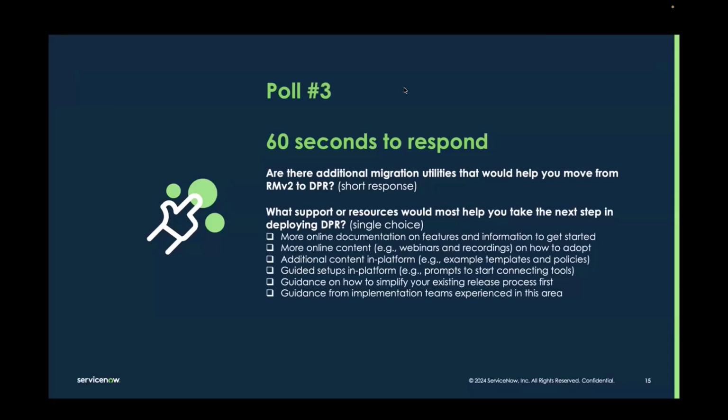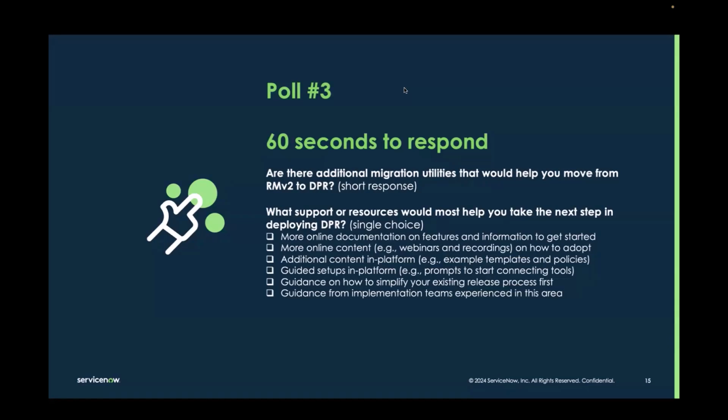So this is a great opportunity to give us feedback as to what other types of utilities would help you with that move. Balaji and I will be reviewing these, because we own the backlog collectively. So now is a perfect time to let us know, how could we help you migrate from RMv2 to DPR?